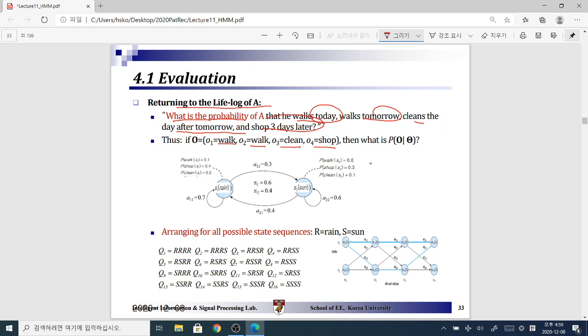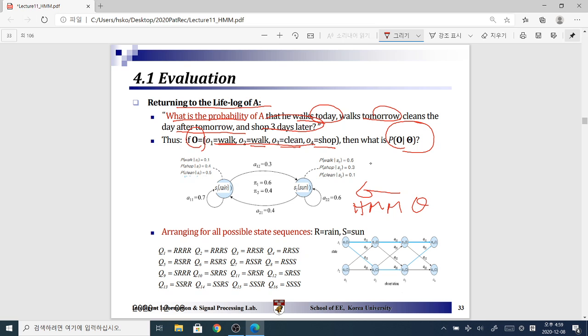This would be the observation sequence. Given this observation sequence, what is its probability, once again using the HMM model theta?